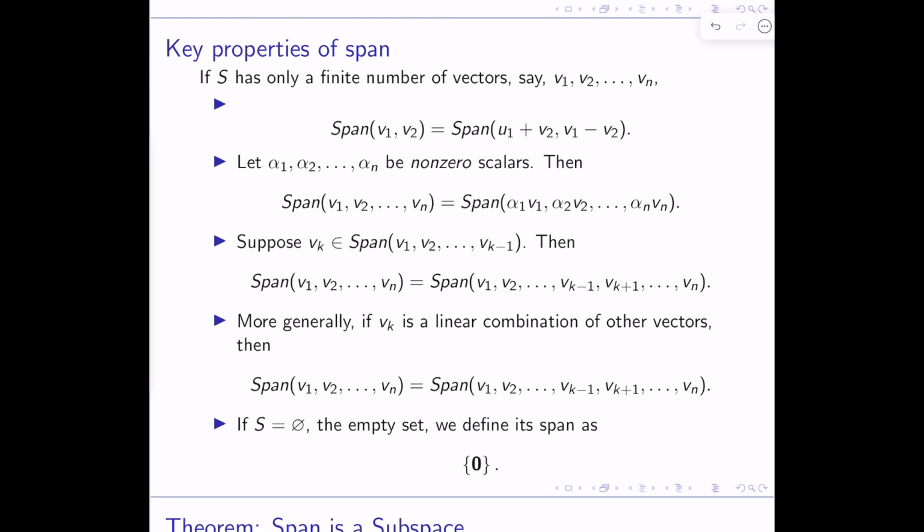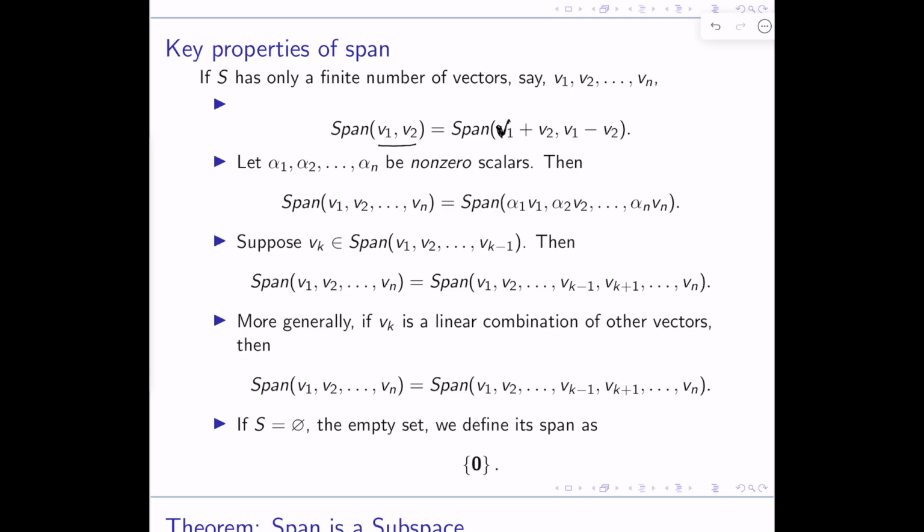Another key property: if S has a finite number of vectors, then the span of V1, V2 is nothing but the span of V1, V2 and the difference V1 minus V2. So you can make the correction here.